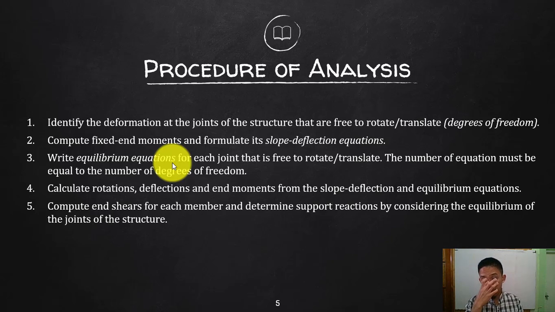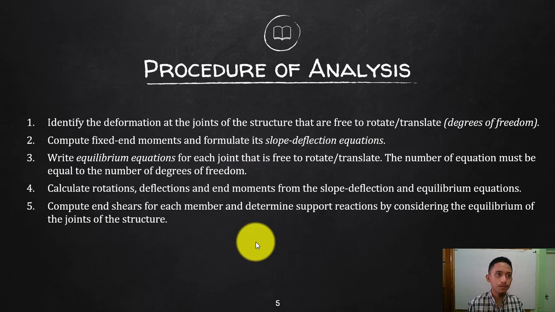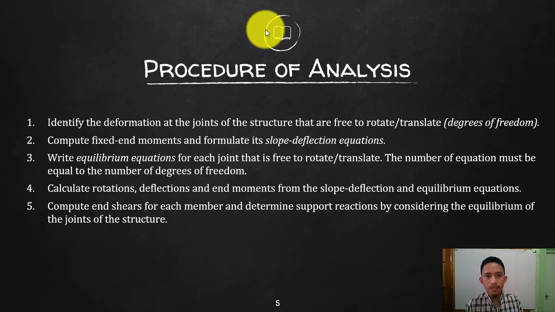Okay. So unlike CDM, comparing it with your CDM, which uses your compatibility equation to solve for the redundants before using the equilibrium equations, in your SDM, or slope deflection, we will be using right away your equilibrium equations. There is no formulation of additional compatibility equations.